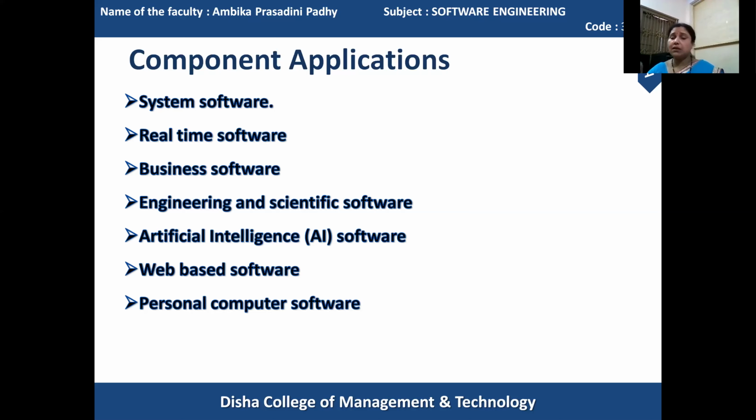Then come to personal computer software. Personal computers are nowadays with everybody, with the users. The features of the personal computer are also a lot, and the features present in the personal computer should be collected by the user. Otherwise, he cannot make his operations possible.